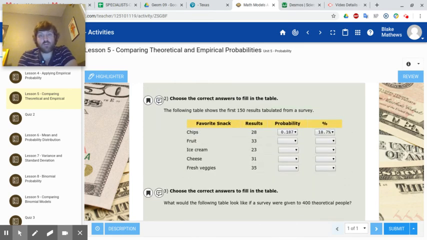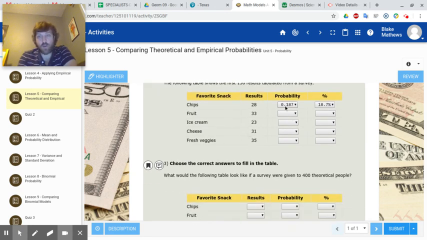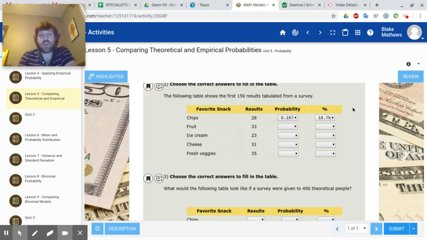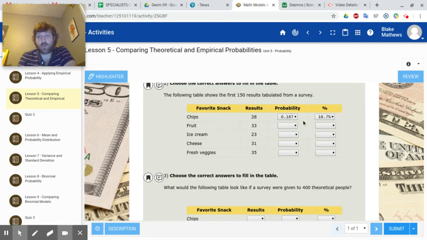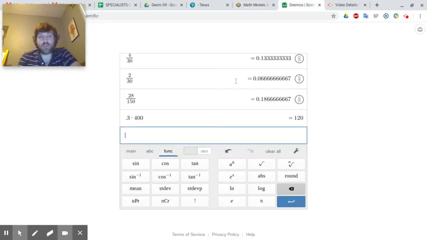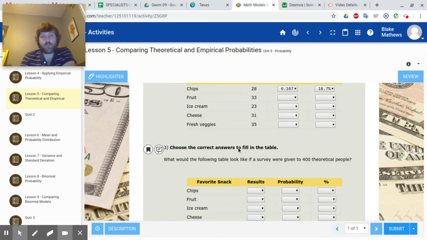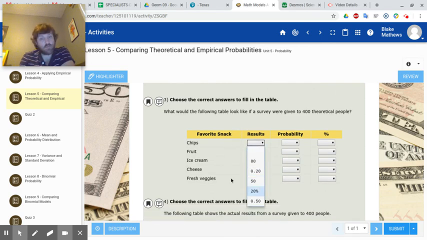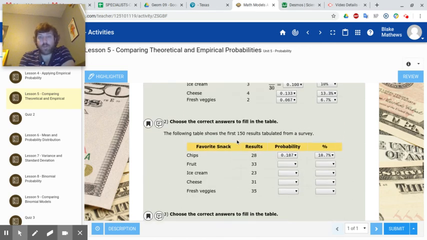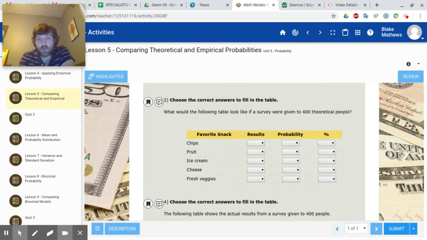I think they would like us to use the second survey. So I'm going to back up for a second. We're going to take the results from this second survey, and we're going to use this probability. So I'm going to use 0.187 times 400. I get 74.8. We're going to round that up to 75. That one's also not there. Okay. So now I'm a little confused as to what they're expecting. So we're going to come back to that one. Sorry about that.